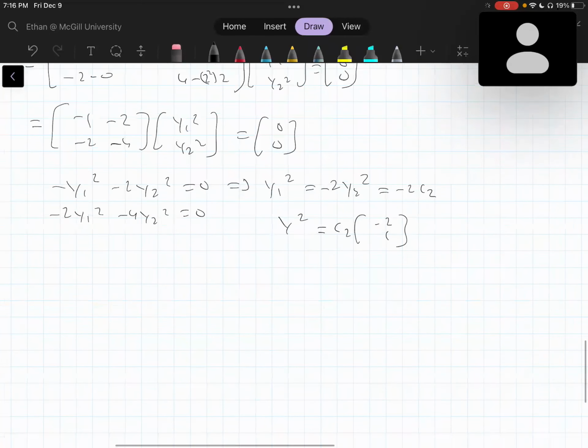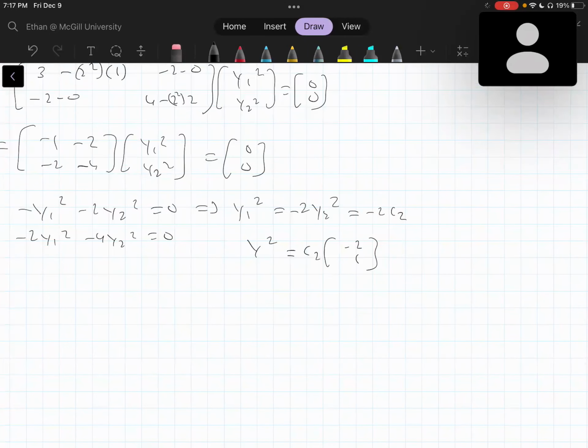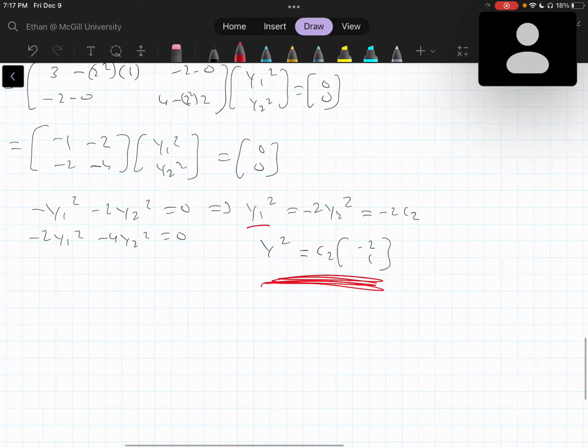Now, if we look at this to make sure our answer is right, for the upper row, y1 is equal to negative 2 C2, which is exactly what we had defined here. And y2 is equal to C2, which is exactly what we defined here.